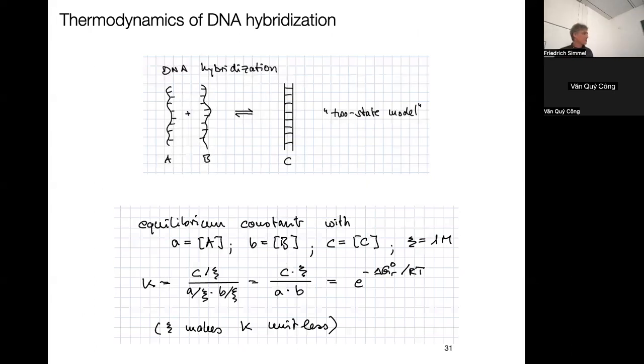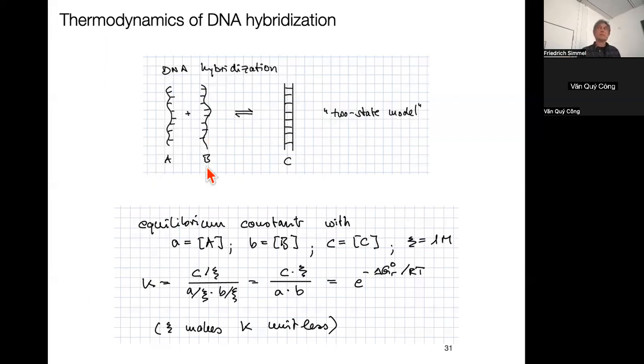So for the last few minutes, I'm finally talking about more useful things for you maybe. How we usually look at DNA hybridization is the following. There are two DNA strands that might be completely complementary. When they bind to each other, they make a double-stranded molecule. In reality, this process probably happens like this: the two molecules touch each other and tentatively make one or two base pairs, and then the thing zips up after this nucleation of the first helix.